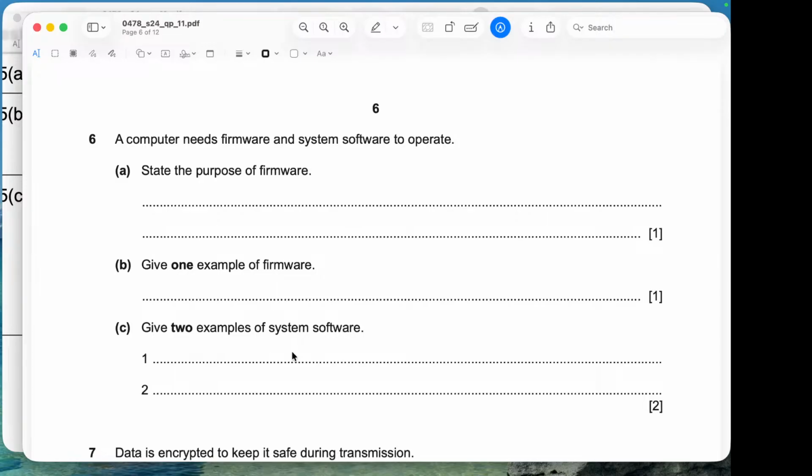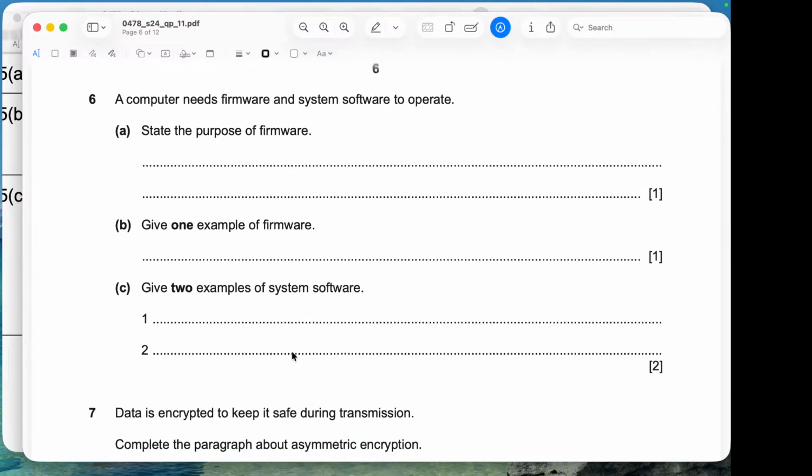So let's look at the next one. It says a computer needs firmware and system software to operate. State the purpose of firmware.